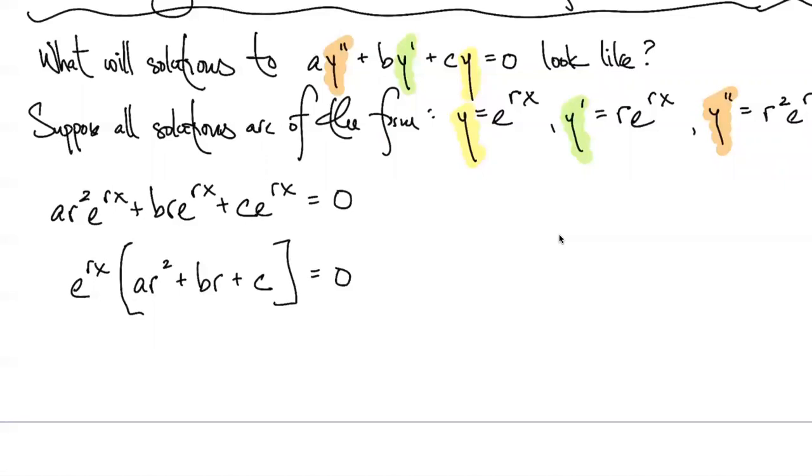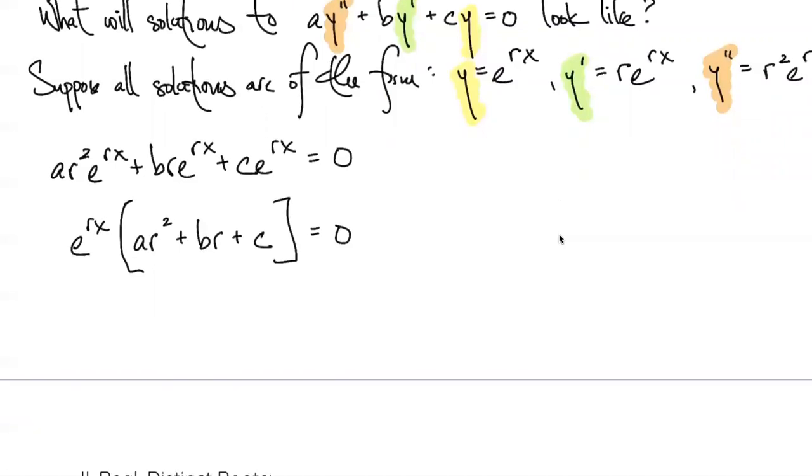In other words, e to the rx cannot equal 0, by definition of what we know about exponential functions.